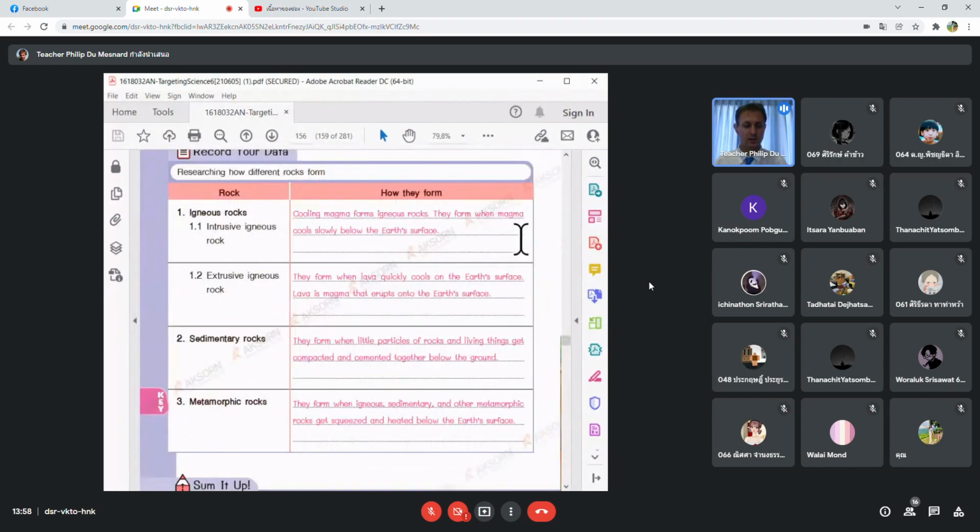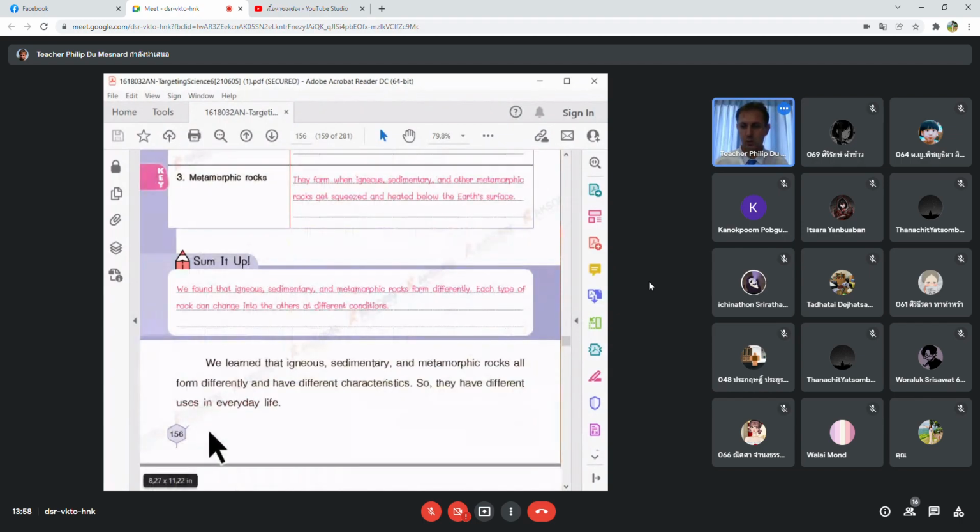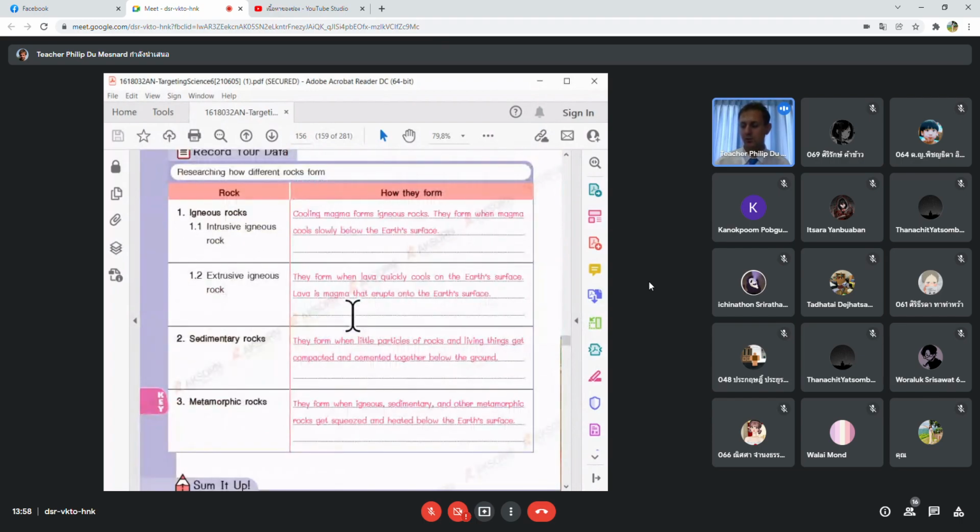Okay, this is the kinds of rocks. Now, class, you know there are 4 types of rocks. So igneous, intrusive is the magma, and extrusive is the volcanoes, and also we have sedimentary, and also we have metamorphic. And this page is very important. So page 156, you have to study.